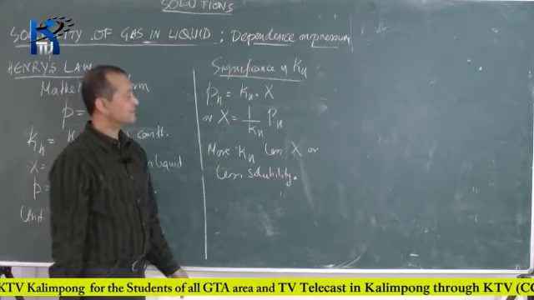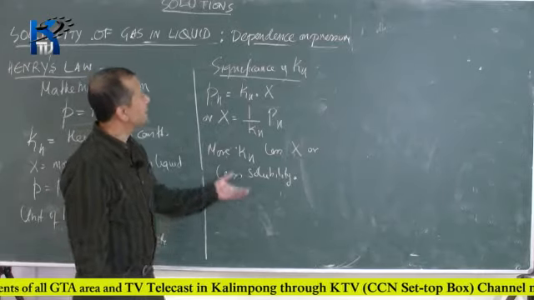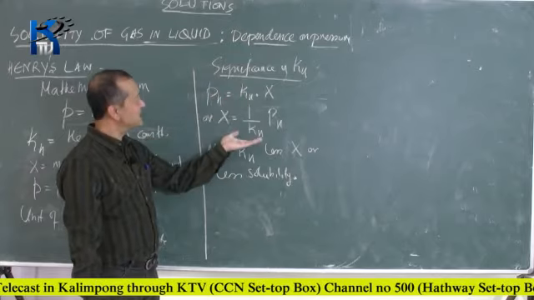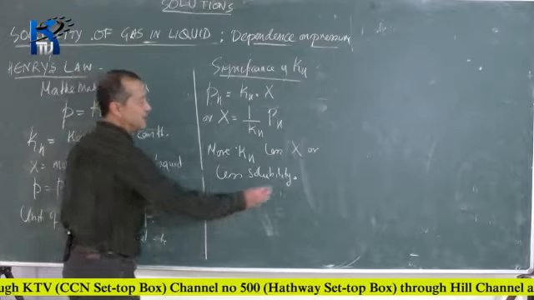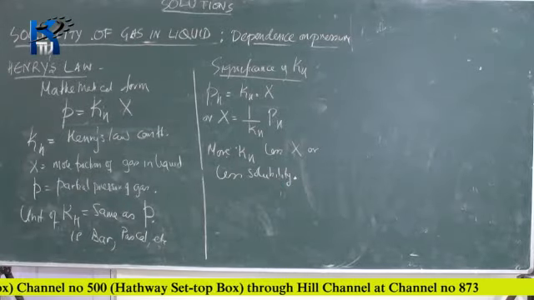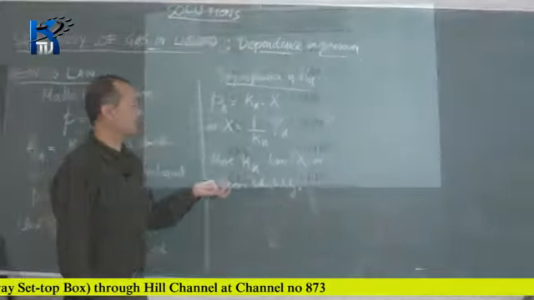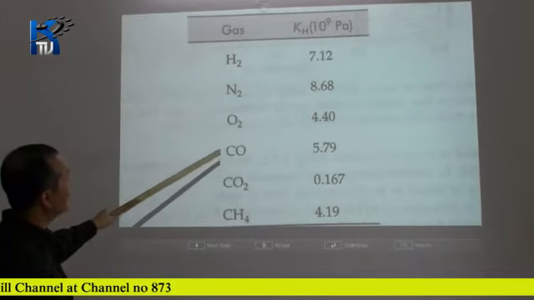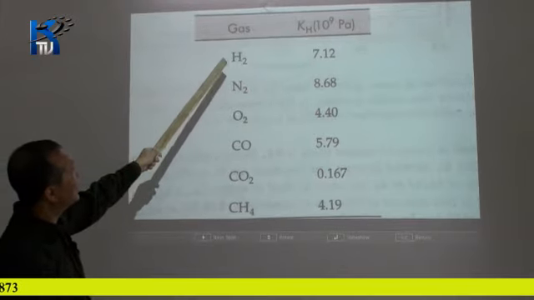Now we will take the help of this chart to apply this principle and find out which gas is most soluble and which gas is least soluble. This is a chart showing many gases: hydrogen, nitrogen, oxygen, carbon monoxide, carbon dioxide, and methane, and against each gas the value of K_H is written.